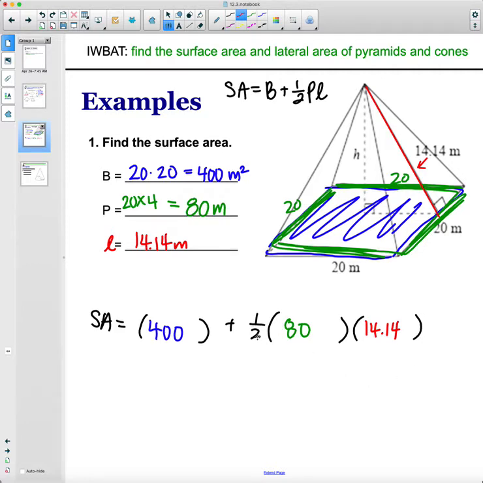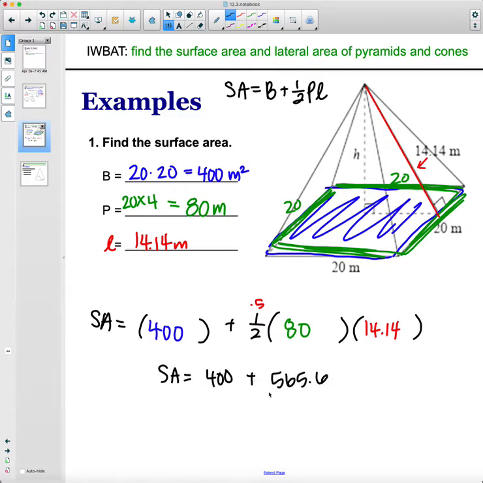So you can just do 1/2 as 0.5. So if you want, in your calculator, you can do 0.5 times 80 times 14.14. And you'll get 565.6.